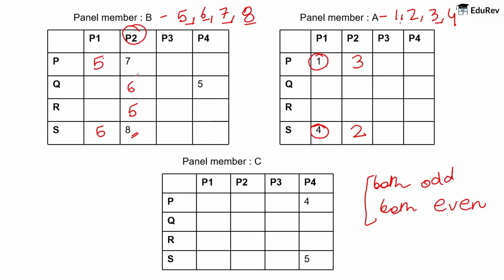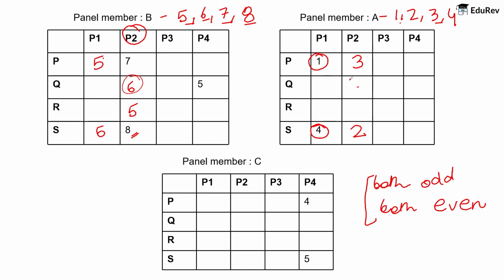So now if I look at this particular value, that is 6, the score of candidate Q in parameter 2 given by panel member B. If this is 6, then obviously this value also has to be even. So either it can be 2 or 4, but you can see 2 is not possible because a score of 2 is already given to candidate S. So it can't be the same for candidate Q in the same parameter, that is P2.